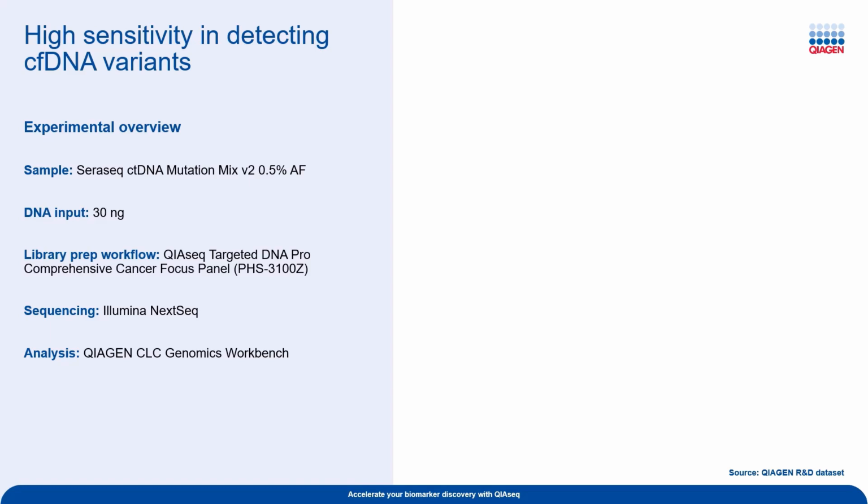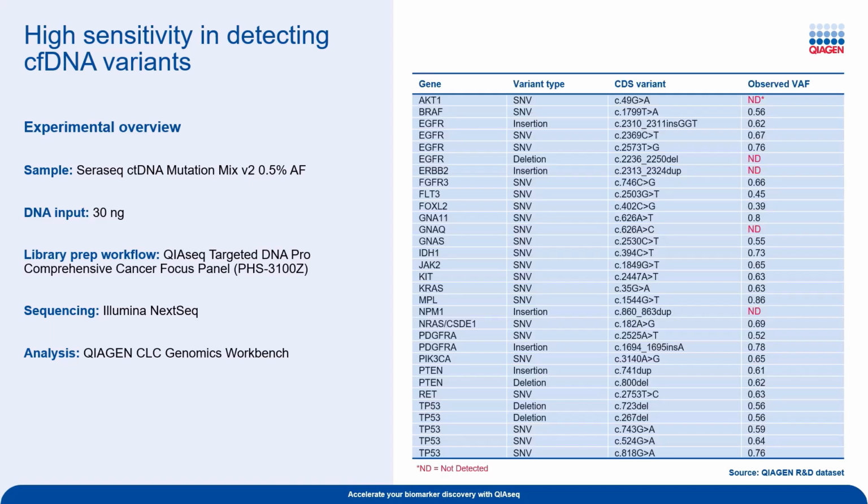The libraries were sequenced on the Illumina NextSeq platform, and the data was analyzed using the QIAGEN CLC Genomics Workbench. As you can see in the table here, we're able to detect almost all variants at the expected variant allele frequencies. The variants that are not detected require some pipeline optimization for detection.